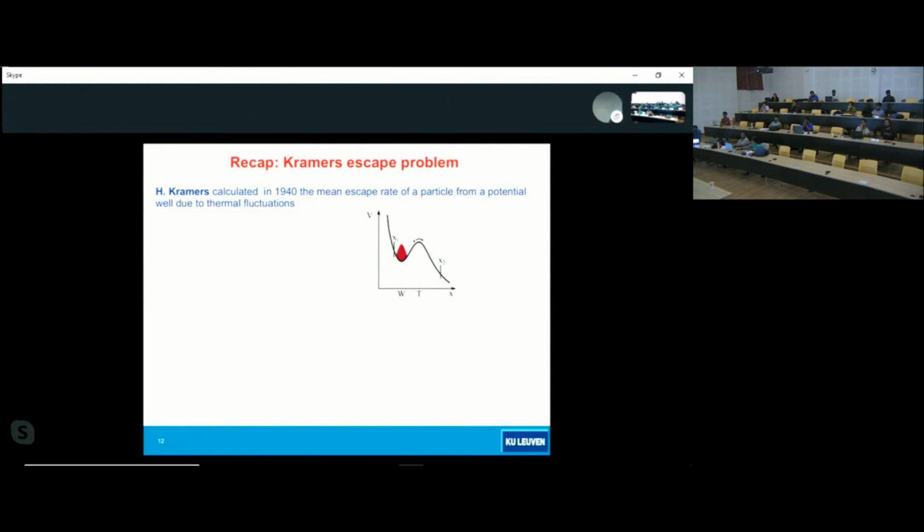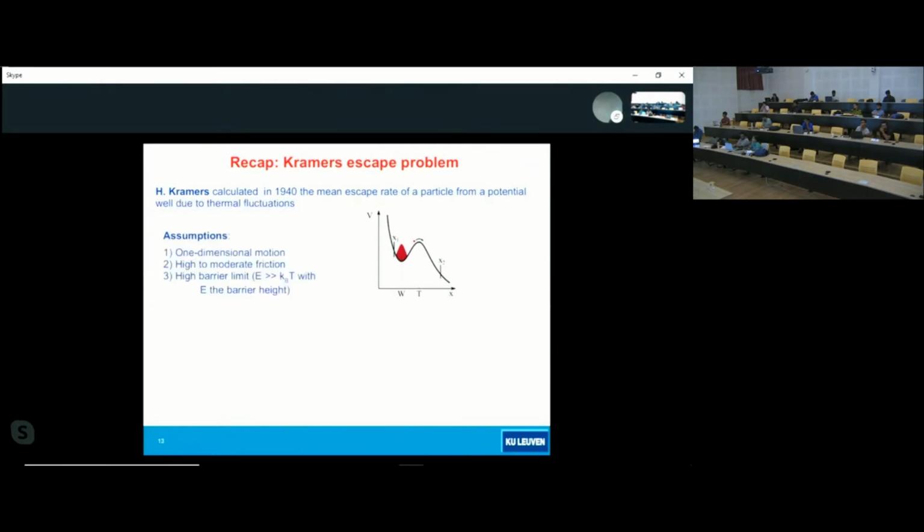So I recall that there is a classical problem in stochastic processes, of escaping from a potential well, of a particle, that was studied a long time ago by Kramers. The problem is you set a particle at the bottom of the well, and stochastically it will escape and reach another position x2 very far away from the well and then slide down.